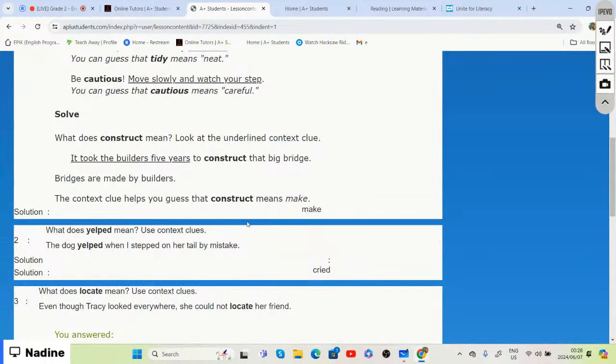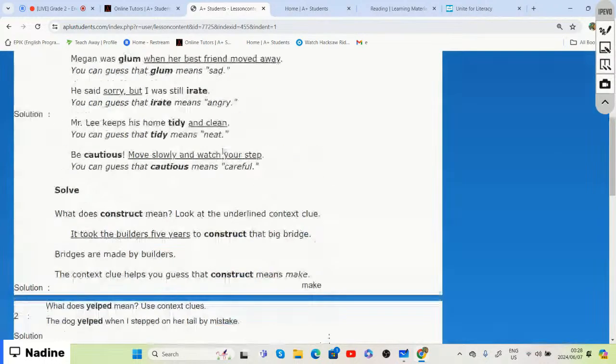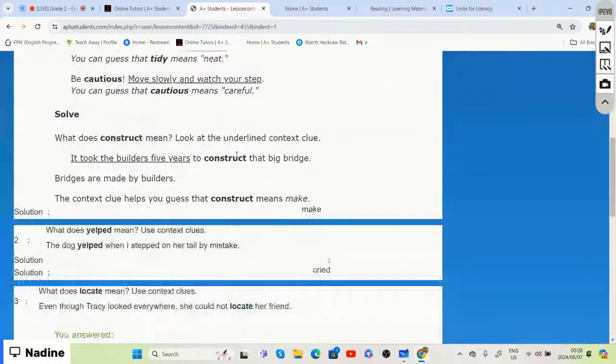So construct, especially it says here that you need to make a bridge, and then bridges are made by builders. So which means that construct means to make something or to build something, right? Yes, we can say build or we can say to make something. But build is correct, make is also correct.